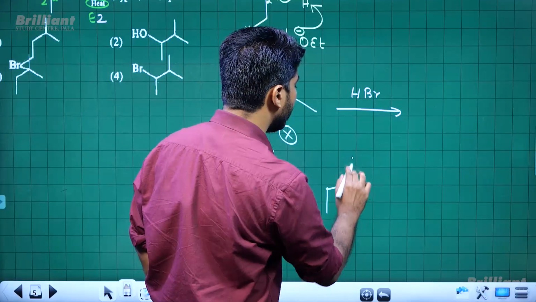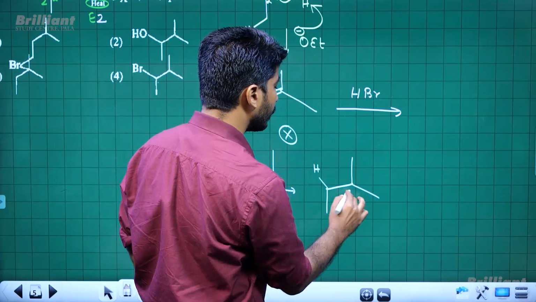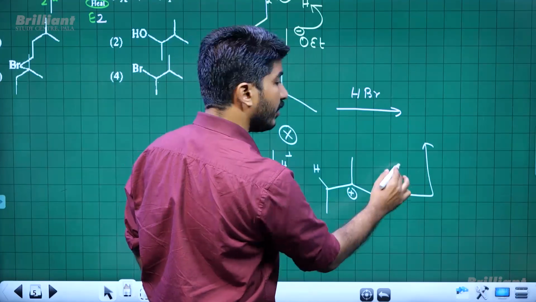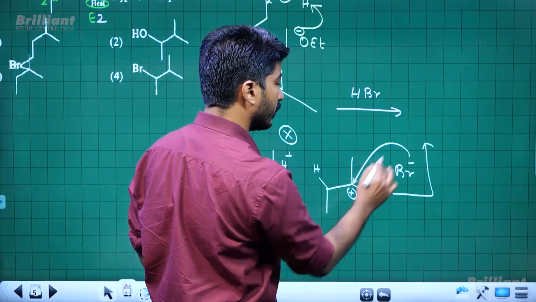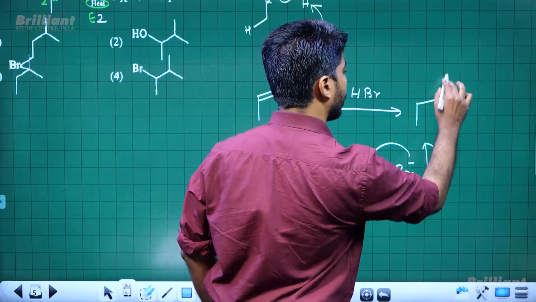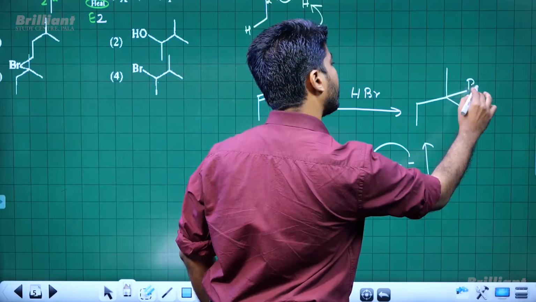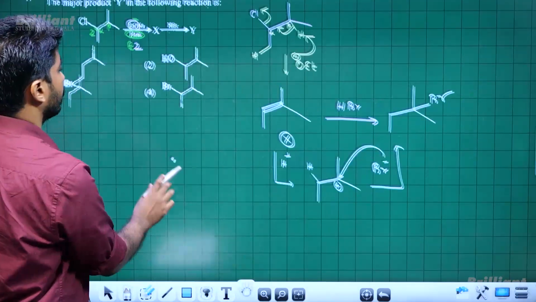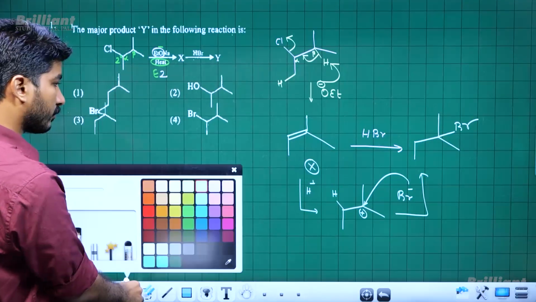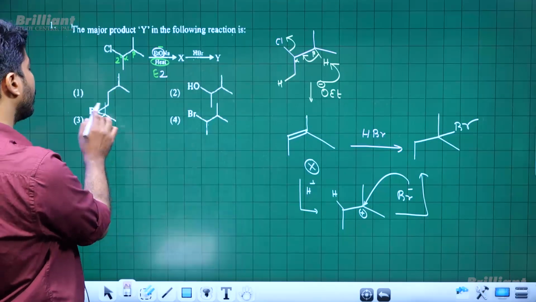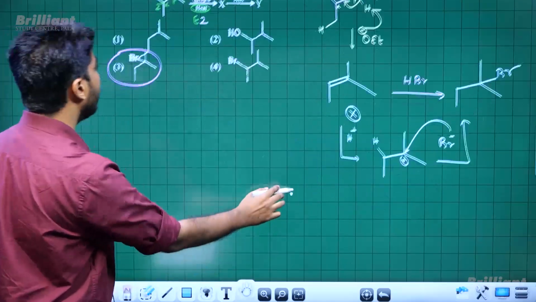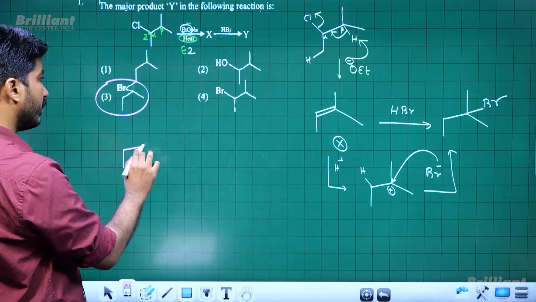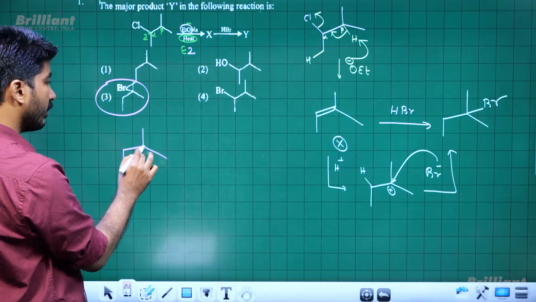We get a more stable carbocation like this, and then Br minus attacks, and we get such a tertiary haloalkane product. Yes, that product is this one. This is looking a little merged with option 1. Let me redraw the option. Option 3 is actually this.